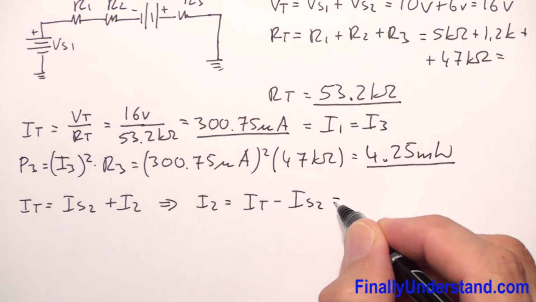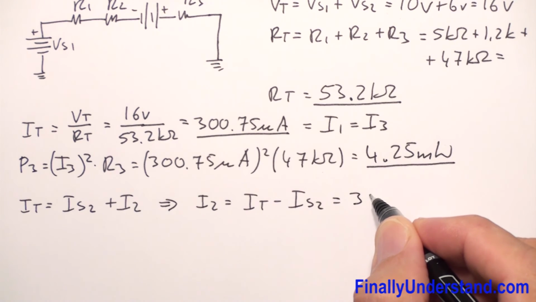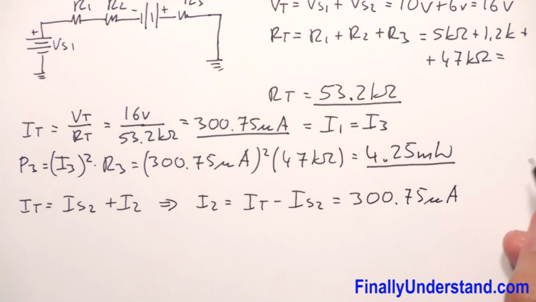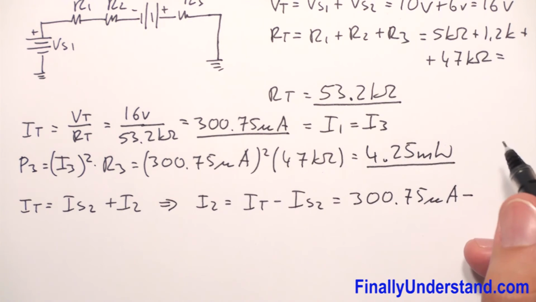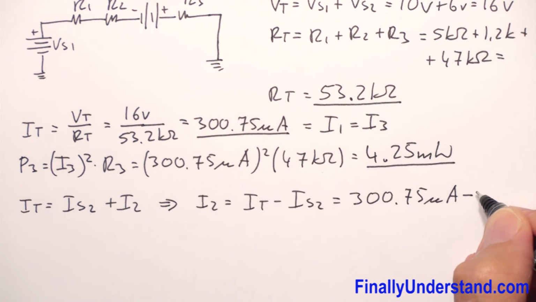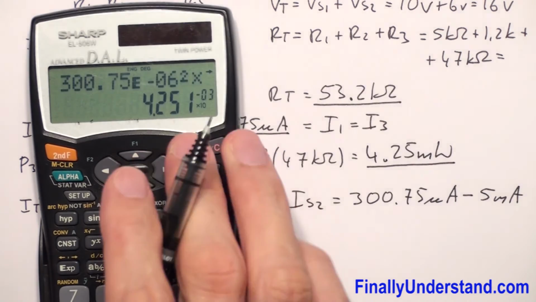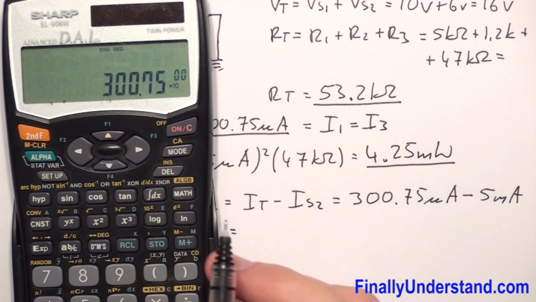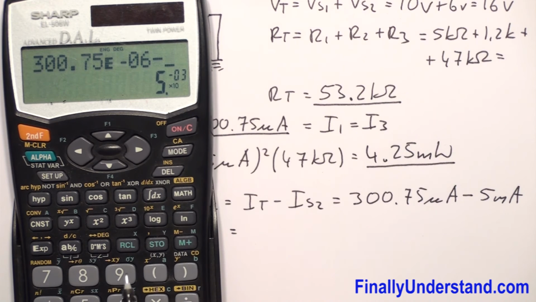Okay, so we found that I total is equal to 300.75 microamps, minus I source 2, which is equal to 5 milliamps. So I2 is equal to 300.75 exponent negative 6 minus 5 exponent negative 3.